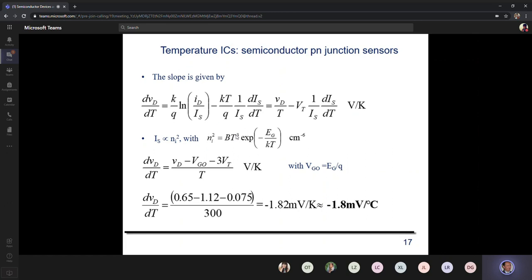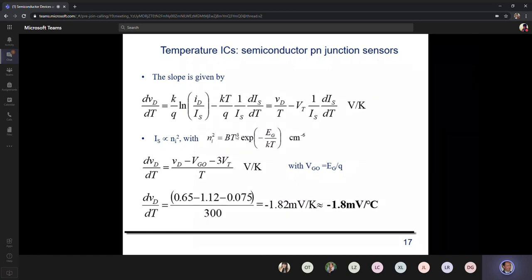Of course, the scale of Kelvin is different from the scale of degree centigrade, but the differences are the same, okay? If you increase by 1 Kelvin, it's like you increase by 1 centigrade, because just the zero changes, okay?